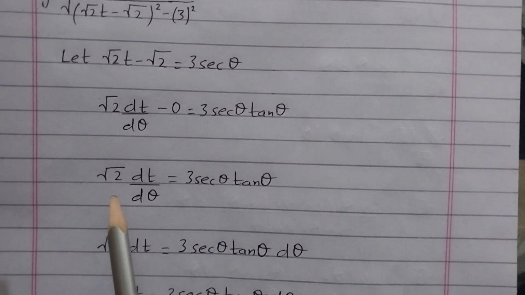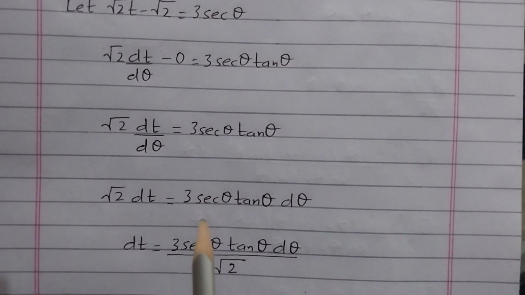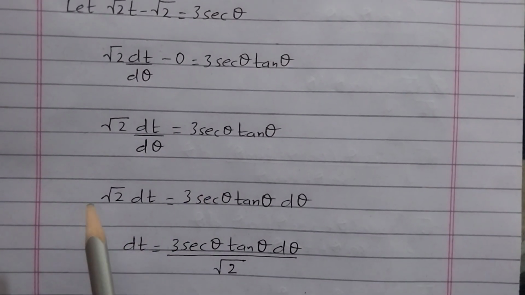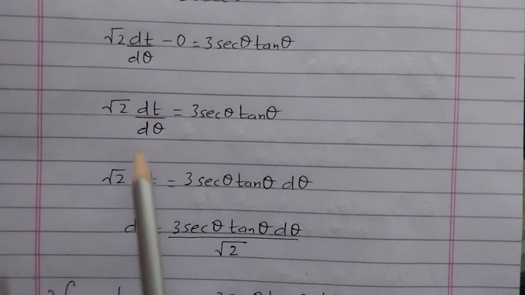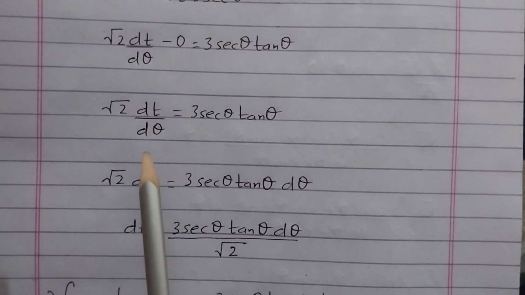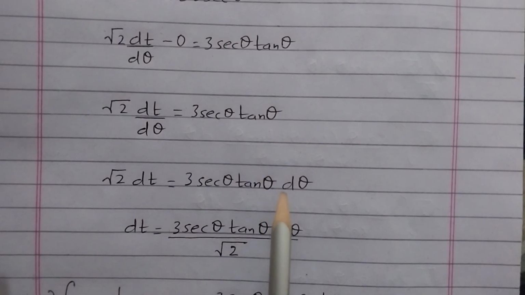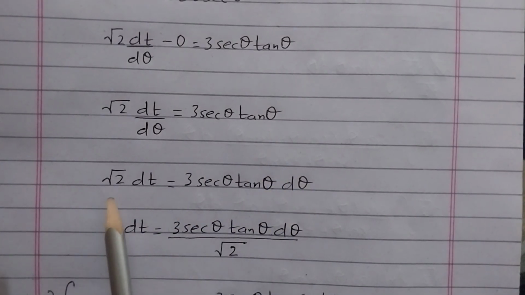This is being multiplied on this side, on the other side it will be divided. Firstly I basically moved d theta to the other side. D theta was being divided, so it is multiplied on the other side. This becomes 3 secant theta tan theta d theta, and this square root 2 is divided, so dt is equal to 3 secant theta tan theta d theta over square root 2.